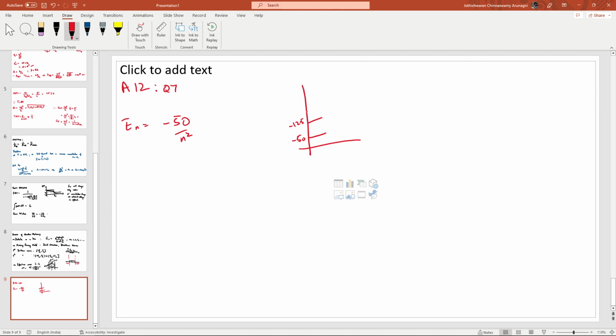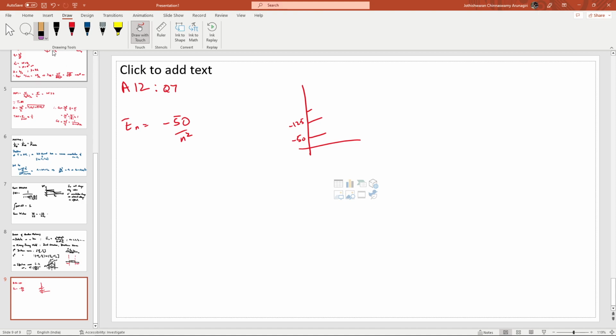So by 9, that will be minus 5.56. So that is minus 50 by 9.